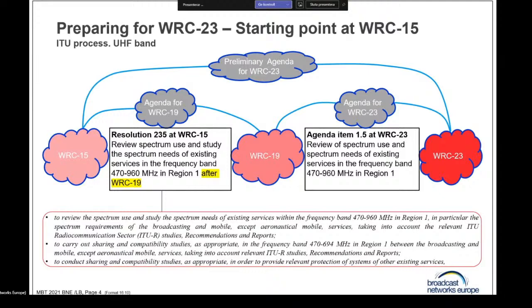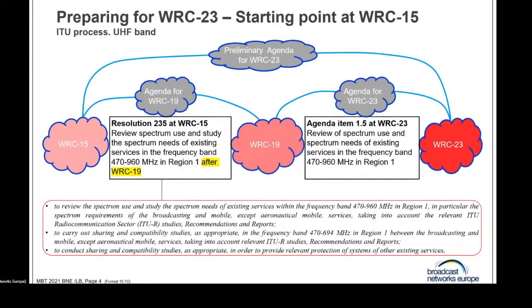In 2015, at the World Radiocommunication Conference that year, a resolution was agreed to review spectrum use and study the spectrum needs of services in the whole UHF band, the 470 to 960 megahertz in Region 1. And that should be done after the WRC-19. So that was the starting point.